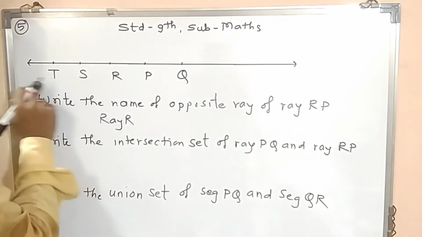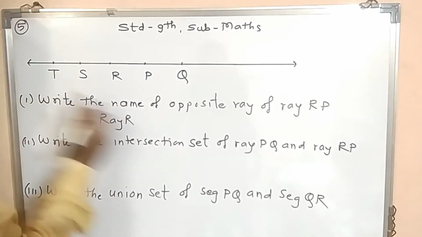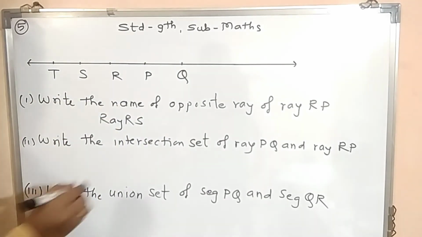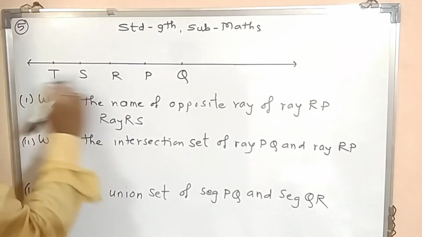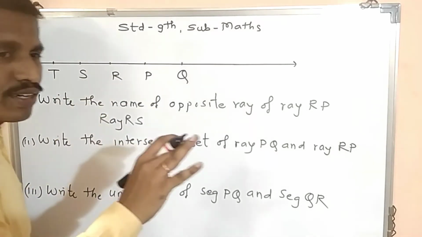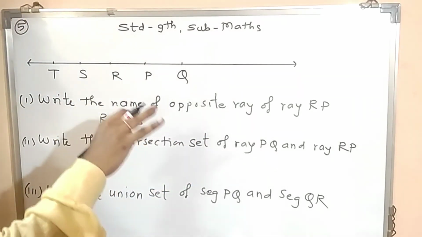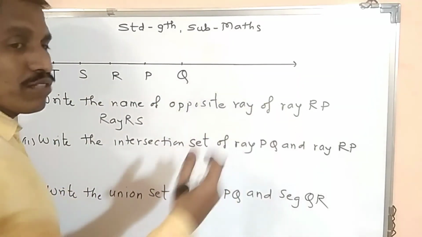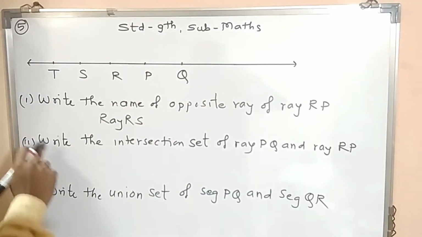So the opposite ray is ray RS, or we can say ray RT also, because ray RS and ray RT are not two different rays. They are the same ray with different names.